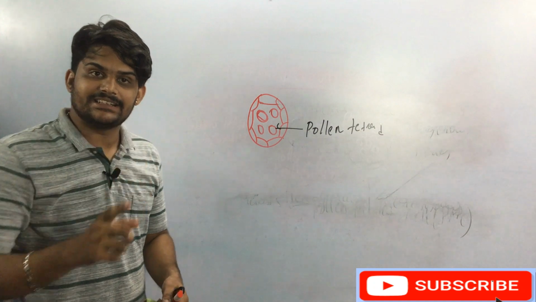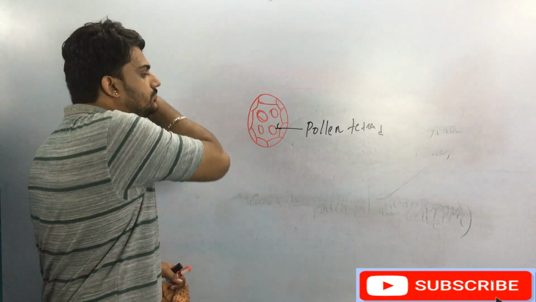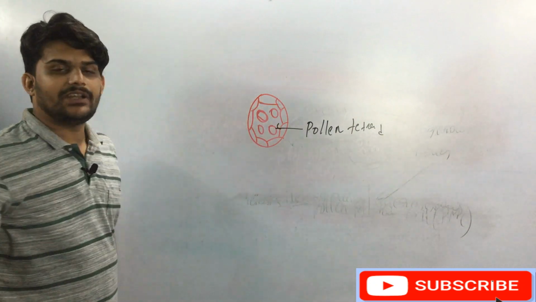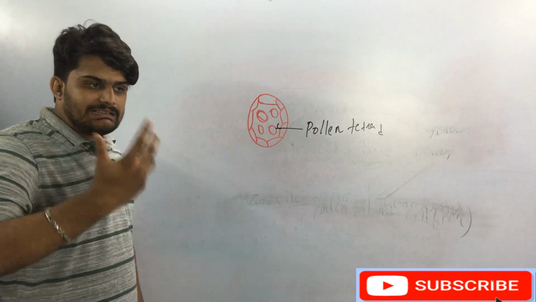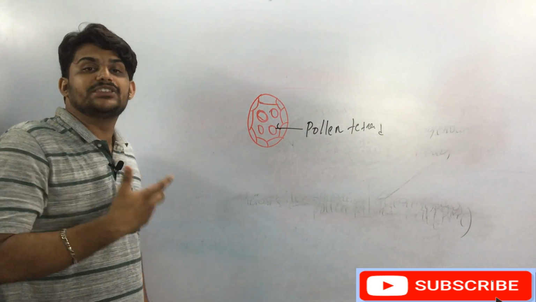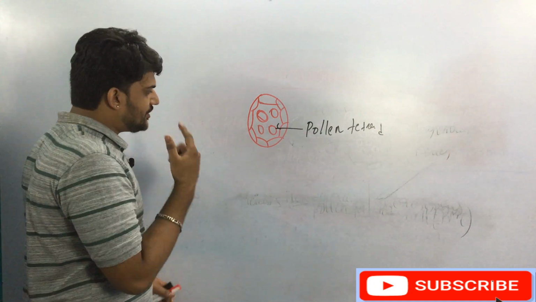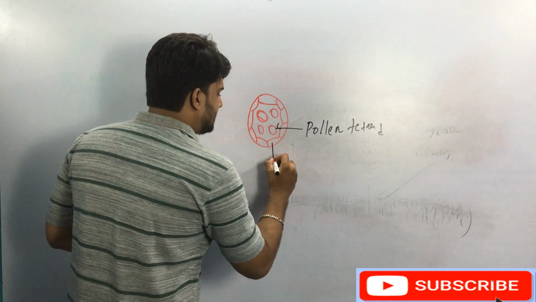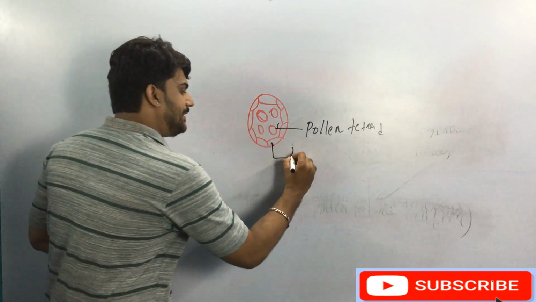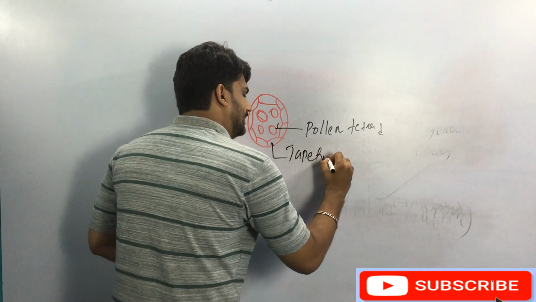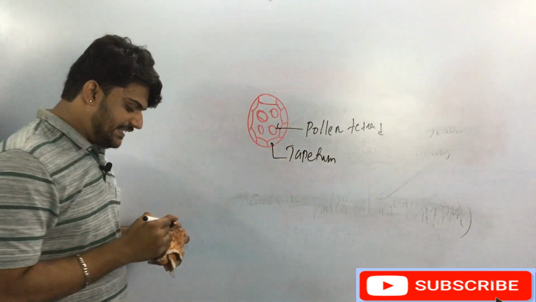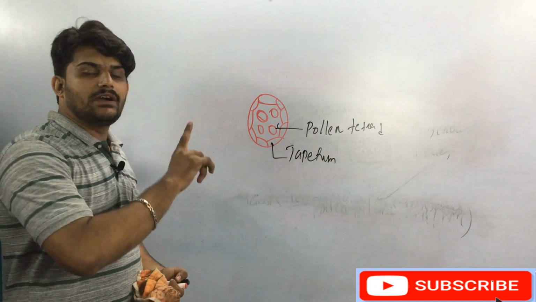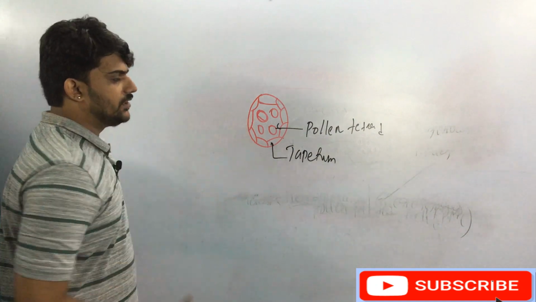How the pollen grains are generated, I'll tell you. Before that, we are going to learn something. The pollen tetrad starts growing and maturing. During the maturation time, the tapetum and the middle layer which surrounds the tapetum provide nourishment to the pollen tetrads.